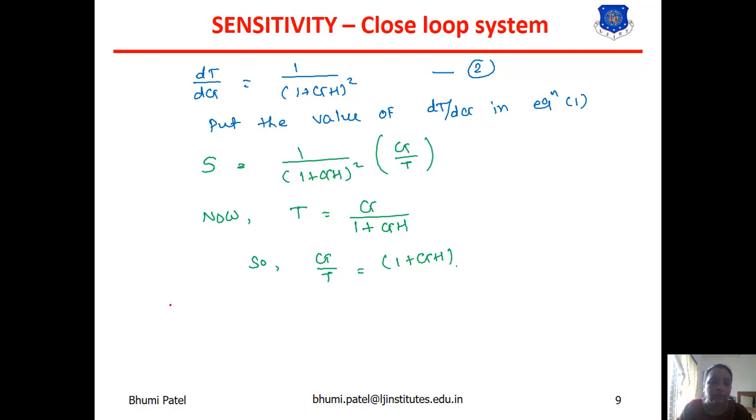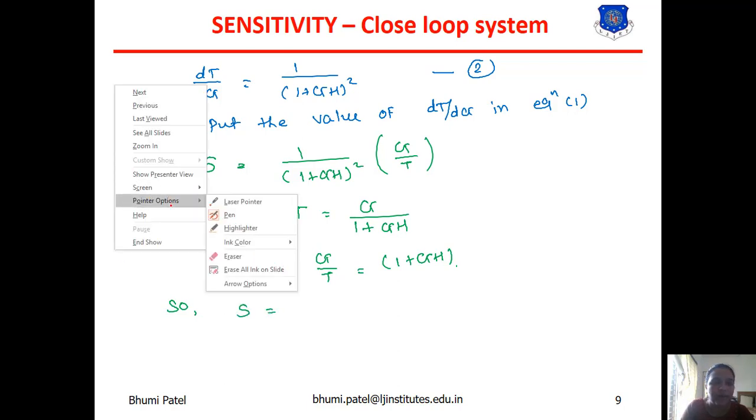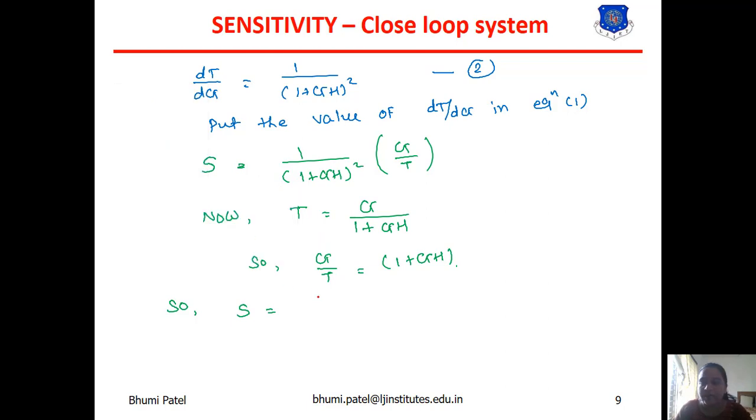Now we can put the value of G by T in the sensitivity equation. So S is equal to 1 upon 1 plus GH whole square into 1 plus GH.